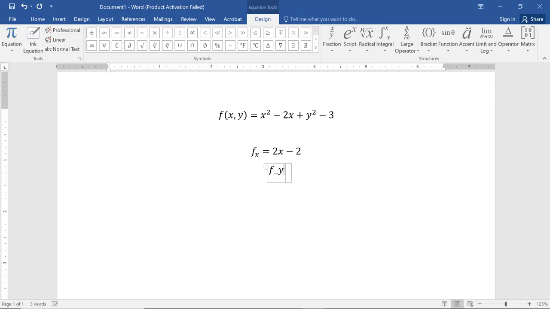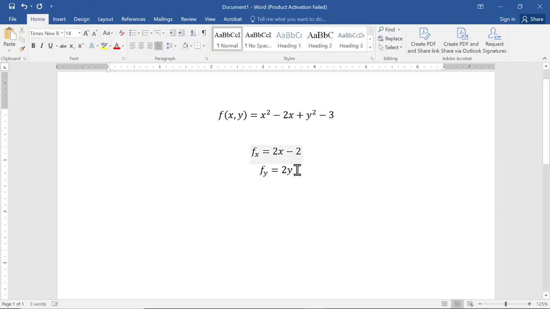The first order partial derivative with respect to y is 2y. Now, there's no way that either of these two can be undefined. You can plug in any x you want and get out a value, plug in any y you want and get out a value. So plugging in any point into either of these two is going to be fine.